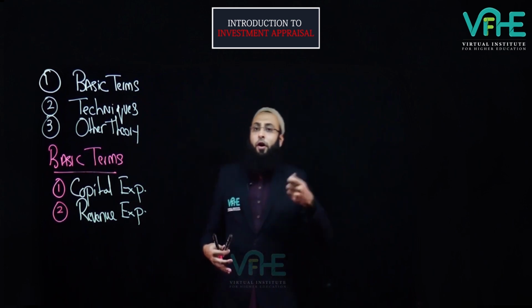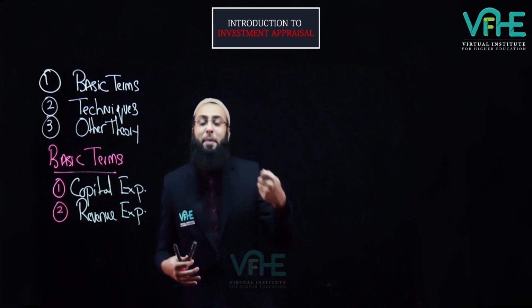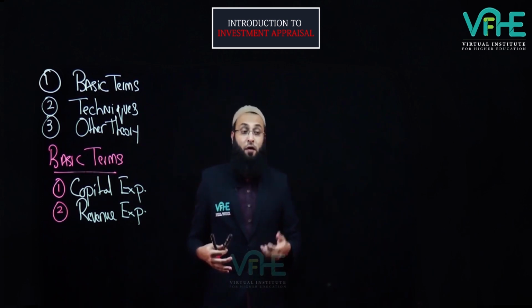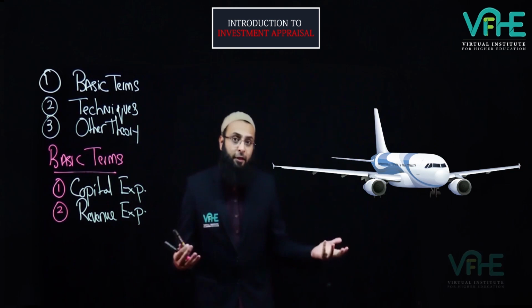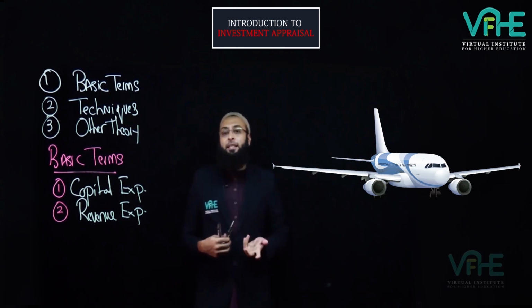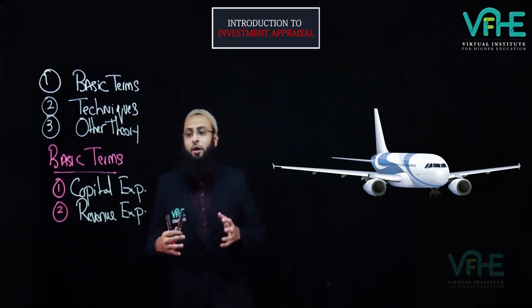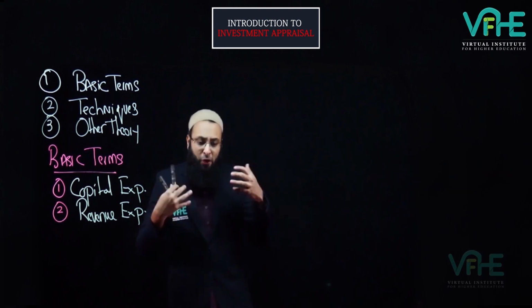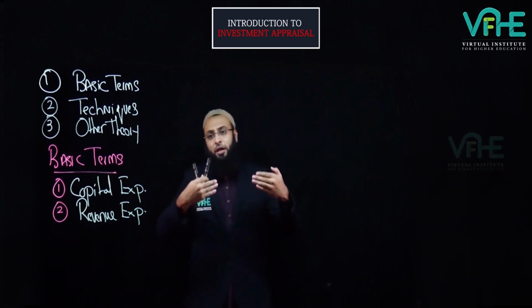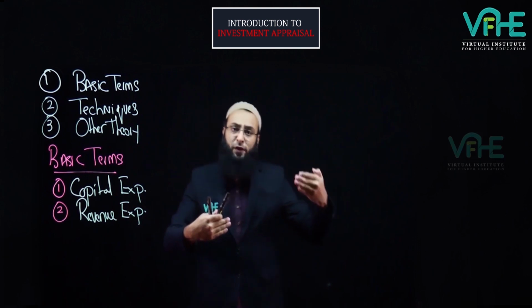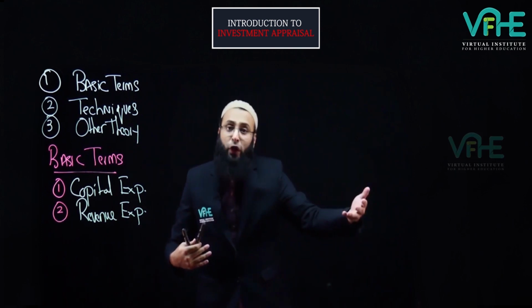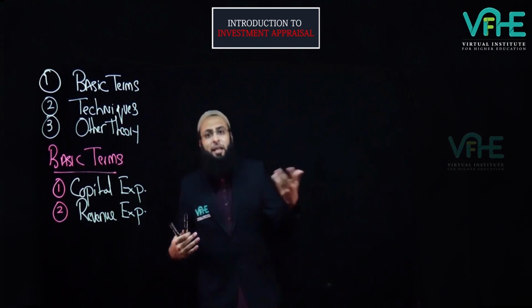So, for example, routine repairs and maintenance of a car, of a plane. That routine maintenance that you are doing is known as revenue expenditure, because in order to make sure that the car is useful for its useful life, you need to go for routine maintenance.